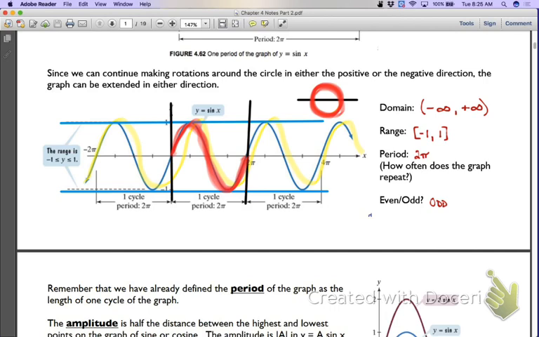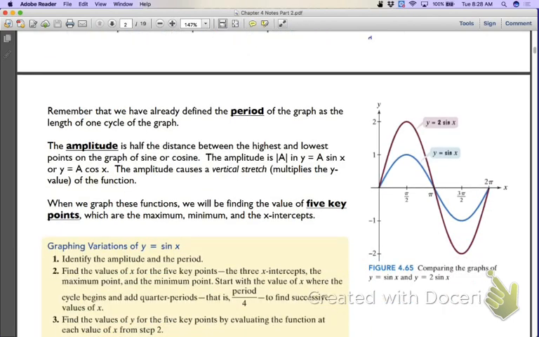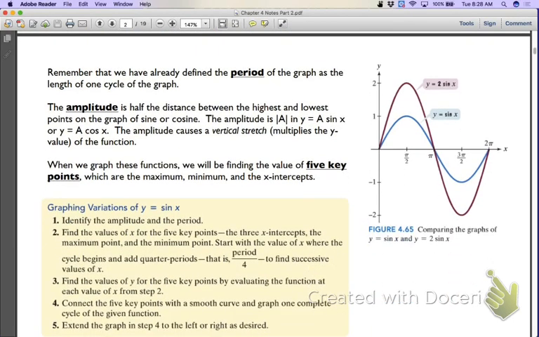So the only thing that's really going to change for right now is what we had when we did quadratics and cubics and stuff like that, our scale factor. That's the only thing we're really going to worry about right now. We're not going to shift anything left, right, up, or down. We're just going to keep it.